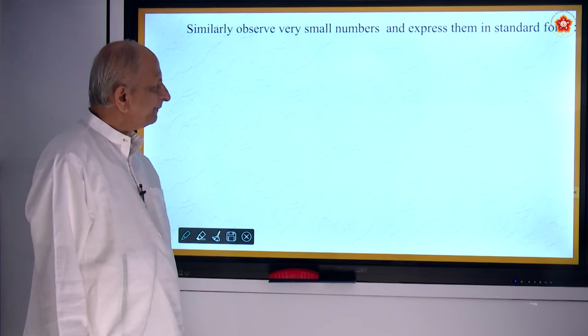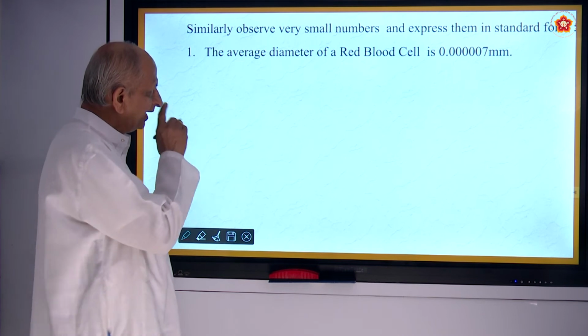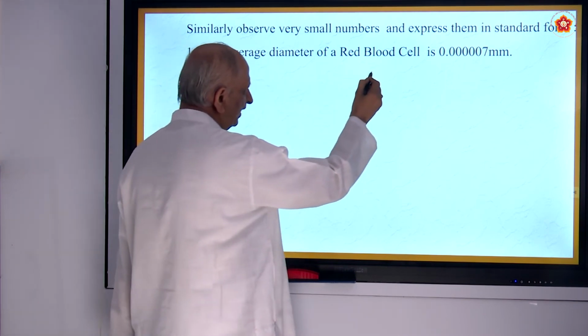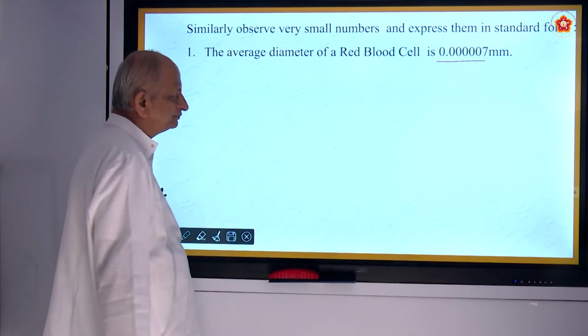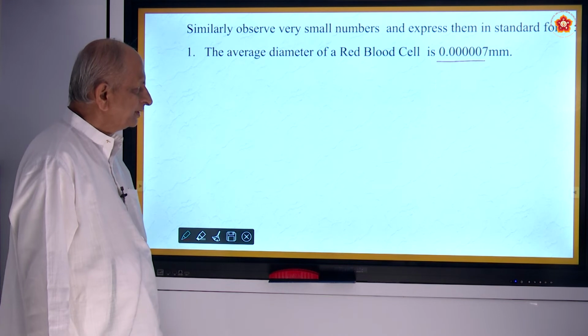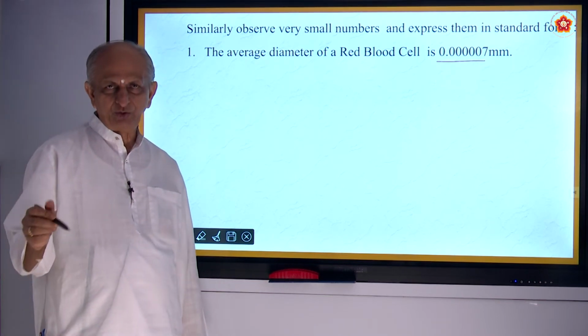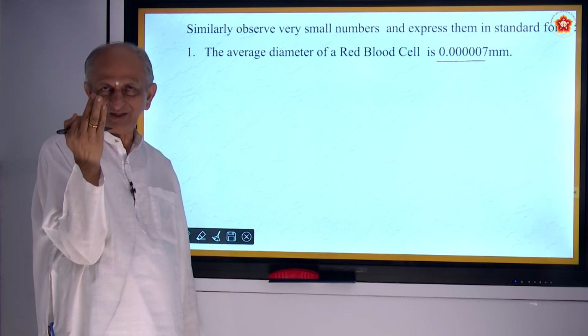Now we will pass on to one more thing: very small numbers expressed in the standard form. For example, the diameter of a red blood cell is so much. In blood, there are 3 things we study in biology.